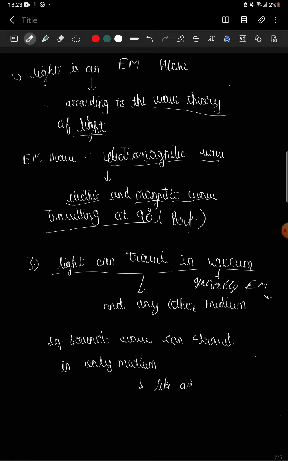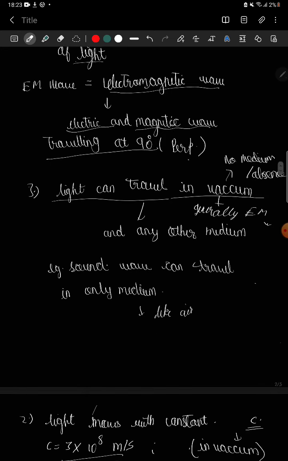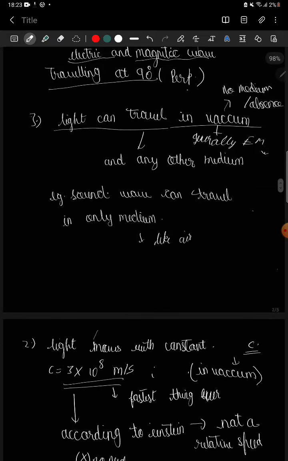Sound cannot travel in a vacuum. Vacuum means no medium, absence of medium, you can say, right? So a sound wave can only travel in a medium, but light can travel in vacuum.